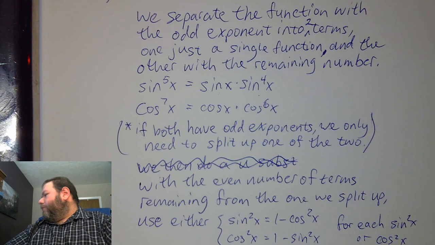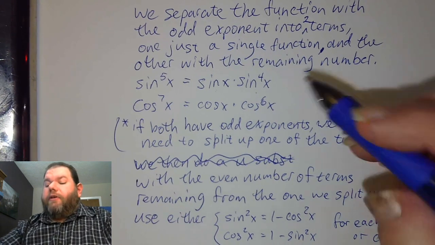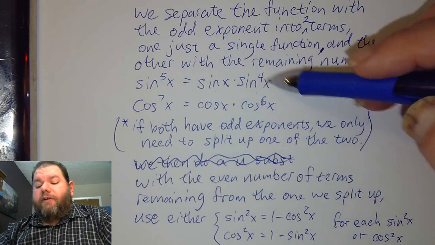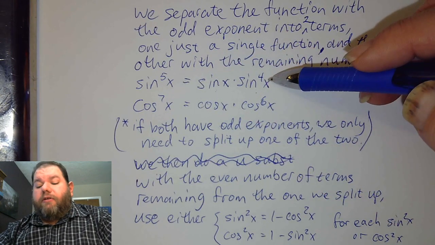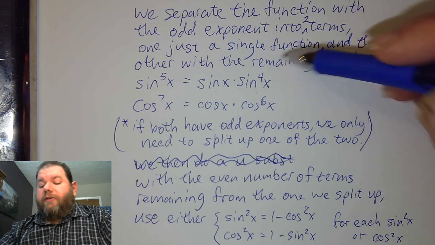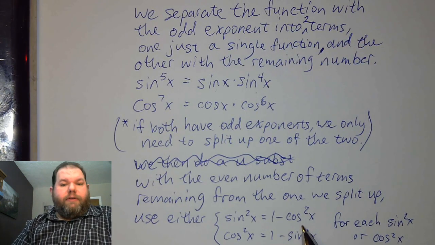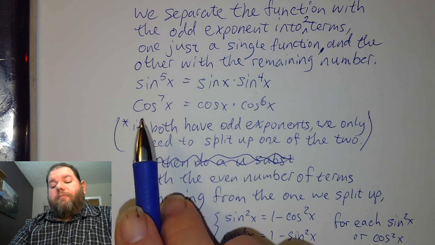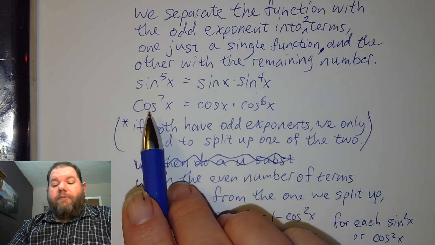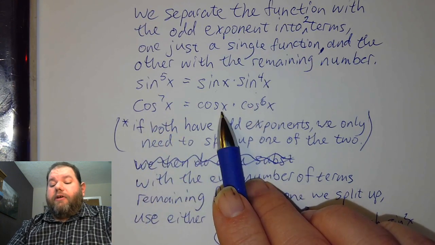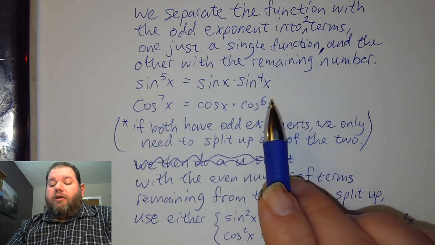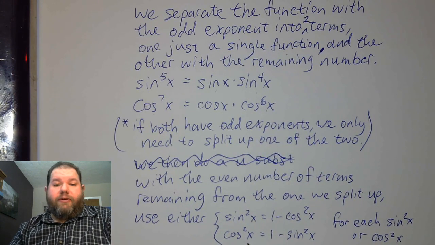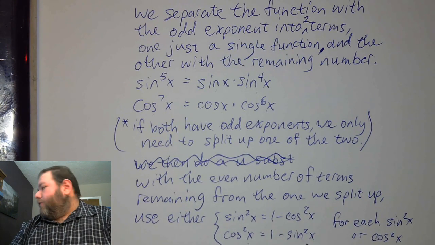The idea there is that if we took our sine to the 5th, we split it up as sine x times sine to the 4th. Sine to the 4th we would then make sine squared times sine squared and change each of those into 1 minus cosine squared. Or, if our problem had cosine to the 7th, then we decided to split up that term into cosine times cosine to the 6th. Cosine to the 6th is then cosine squared 3 times, and we would make each of those cosine squares into 1 minus sine squared.